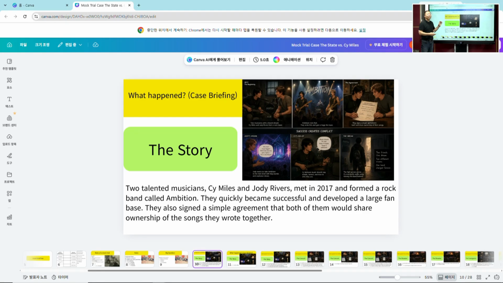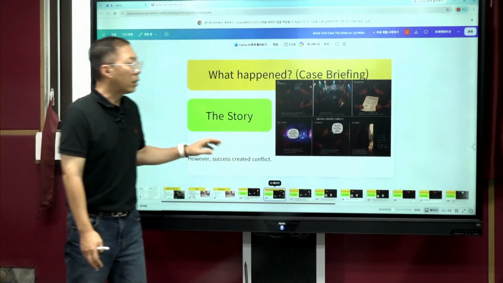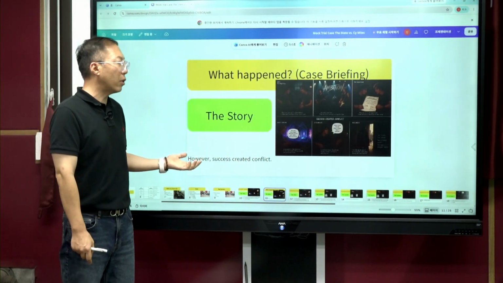So they made a verbal agreement. They were young musicians and didn't have their own lawyer, so they only made a verbal agreement for composing songs together. If they made a profit from these songs, they also agreed to share the profit equally.